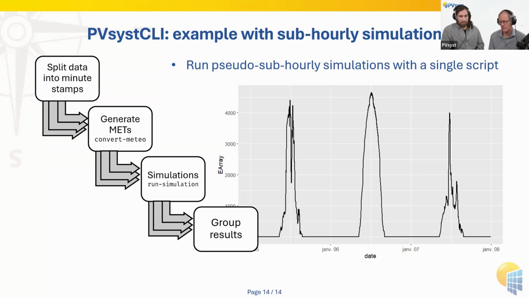You see the result of such an exercise here on the right side. And if you do that manually, it's quite time consuming and error prone. And PVsystCLI would be the possibility to automatize and to simplify greatly this exercise.